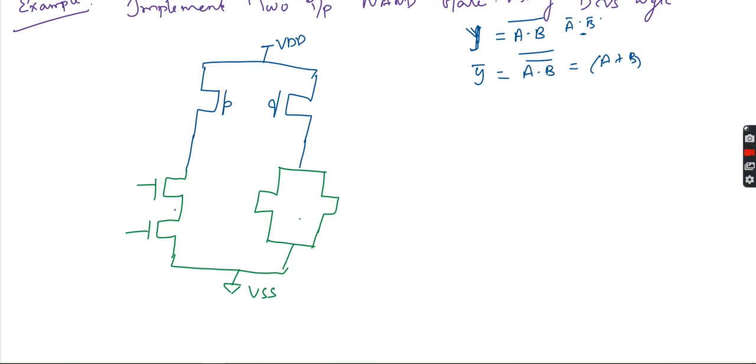Then we connect this here. This will be your out bar, it is Y bar, and this will be Y. Now the inputs are A, B, and here A bar, B bar.